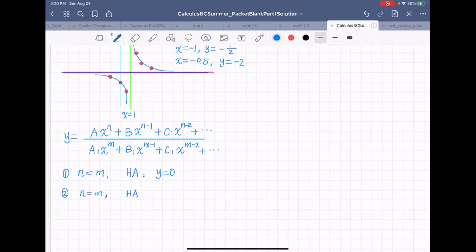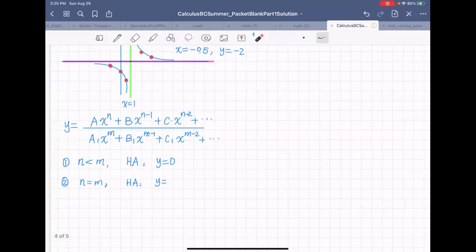Horizontal asymptote, would it be y equals 1? Hold on. When n and m are equal, all those other things can be ignored because this guy is the highest order. You don't need to worry about those things.